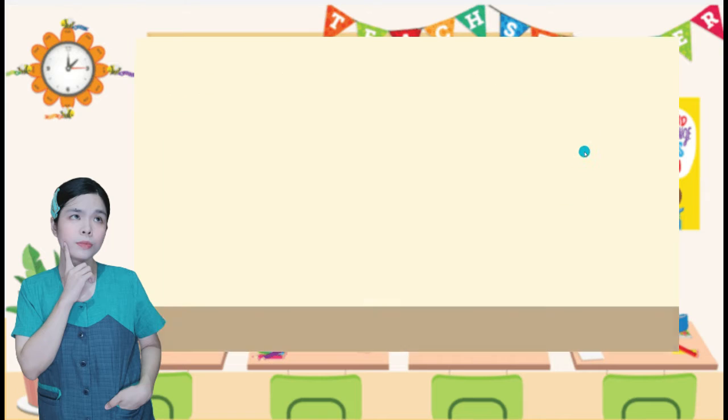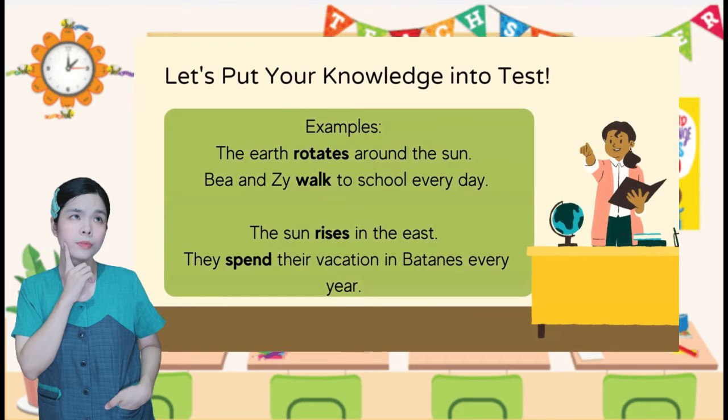So again, the sun rises in the east. They spend their vacation in Batanes every year. So always remember, class, that when we form the simple present tense of the verb, if the subject is singular, we're going to add the S, or use the S form of the verb.